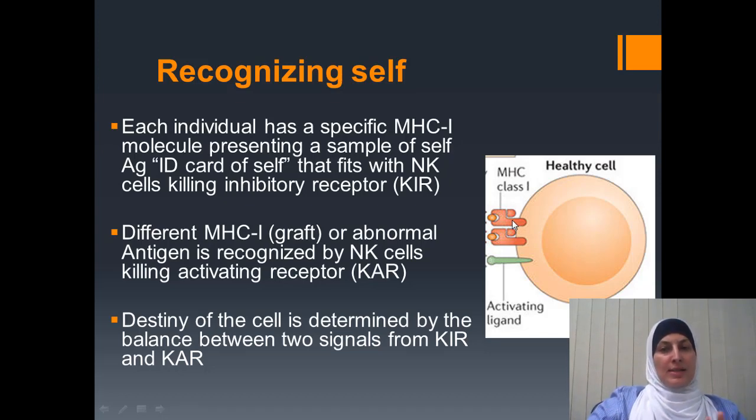And as I said, every person has a specific MHC or HLA type, and this gives this person his specificity. Other than that, these MHC molecules tend to carry or hold, as you can see here.